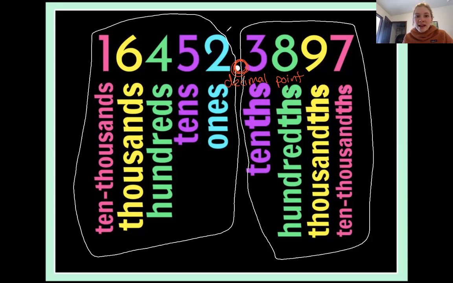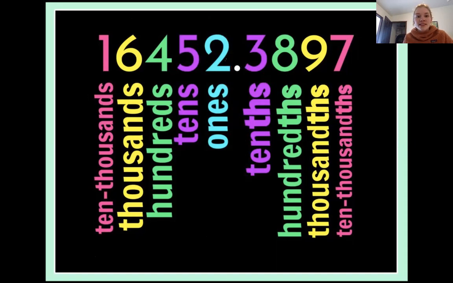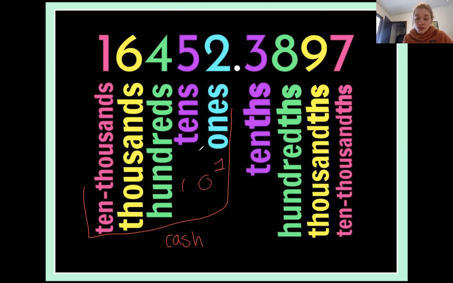So we're going to go ahead and practice that right now. Oftentimes I like to think of our whole numbers as cash, like a $1 bill would be in the ones place. A 10 would be like a $10 bill, and so on. A $100 bill. Obviously, we don't have a $1,000 bill, but you can make it with tens, ones, or hundreds.